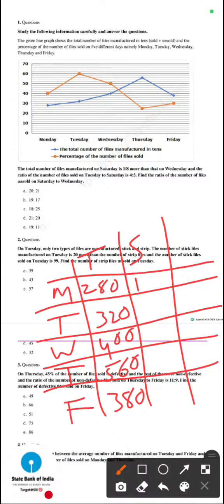Here we have 112. This is 192. This is 200. Next one is 140. Next one is 114. So from this we can find the unsold. Please try to solve this and answer the first question.